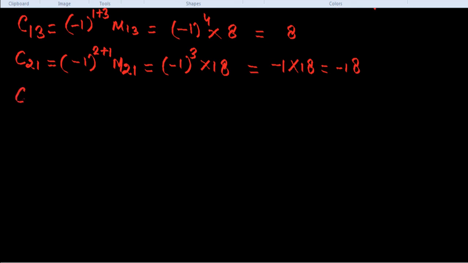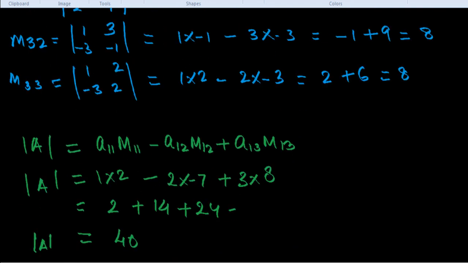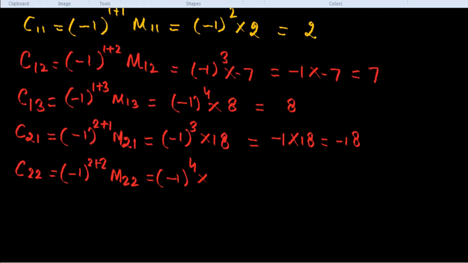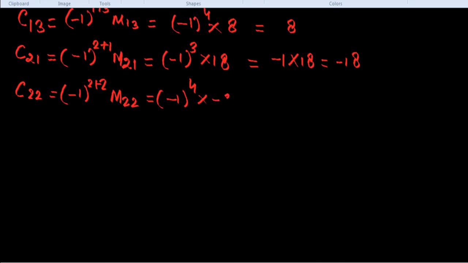And C22 is equal to minus 1 to the power 2 plus 2 into M22, and minus 1 to the power 4, and M22 we know is minus 3. We have to put here minus 3. So we get here minus 3.